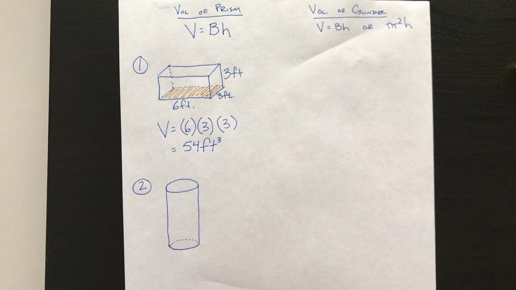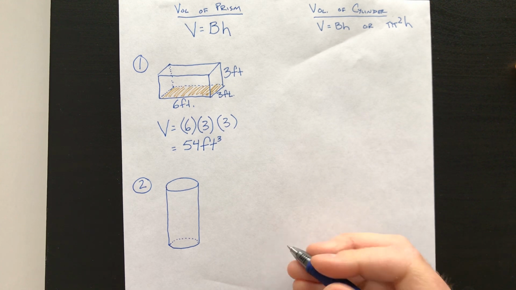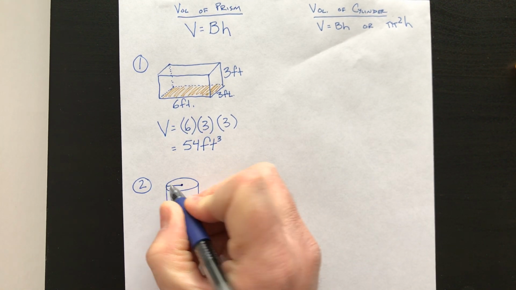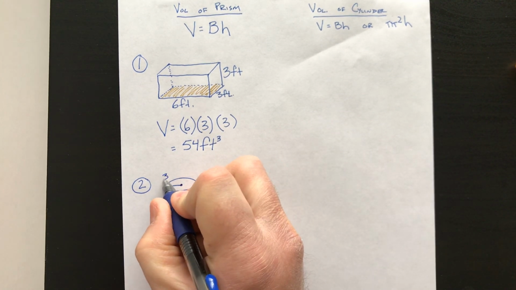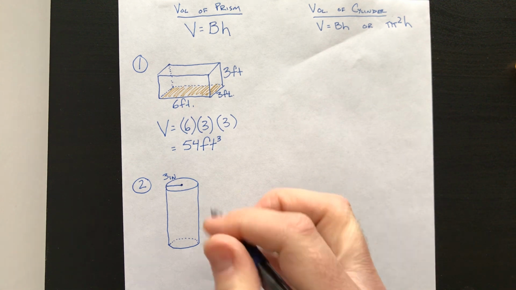So a cylinder is like a Pringles can or pop can, whatever you want to do. And they actually tell us the radius is 3 inches. And the height is 12 inches.